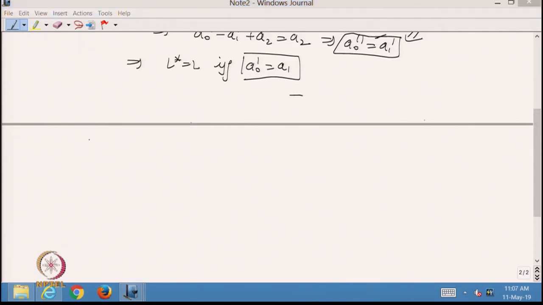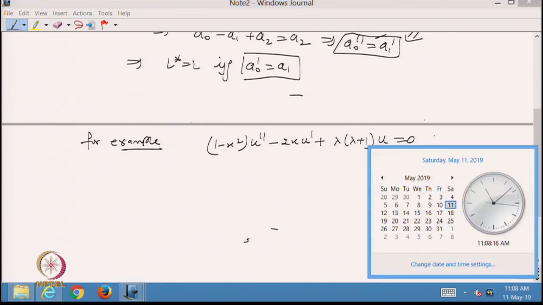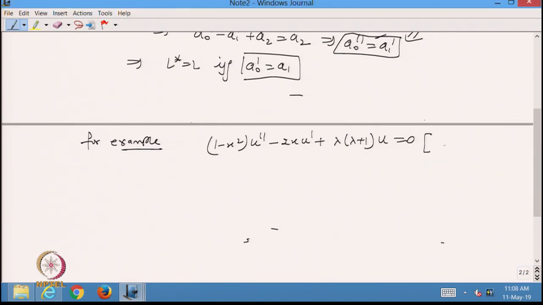So, for example, I take the differential equation (1 - x square) u double dash - 2x u dash + (lambda + 1) u = 0. This is the Legendre equation we know.